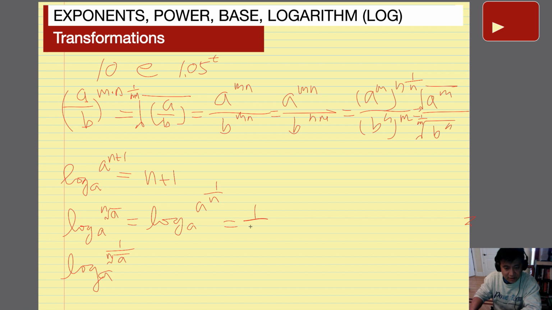This one is slightly more complicated. Log base a of 1 over a to the root of n is equal to 1 over a to the power of 1 over n, which further can be rewritten as a to the root of minus 1 over n. So the answer for this one is minus 1 over n.